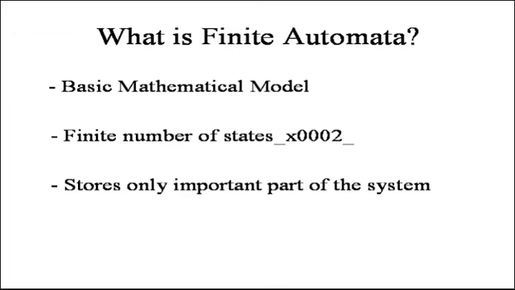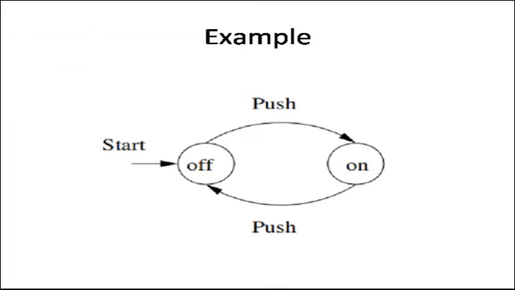Let us see one basic example of turning a button on and off. The figure shows a simple finite automata modeling the on and off switch. Here, the switch remembers only two states, the on state and the off state.